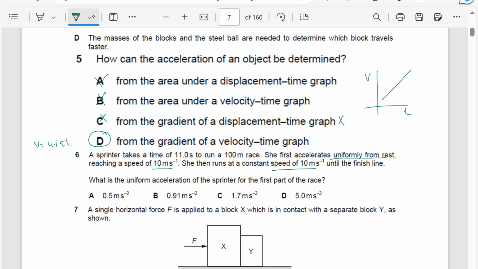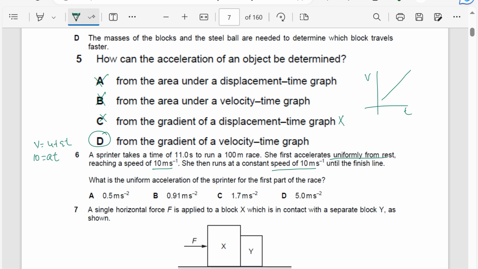So v is 10, initial velocity is 0, then the acceleration, which we want, I'll call it a, times time, which we don't know, I'll call it t.